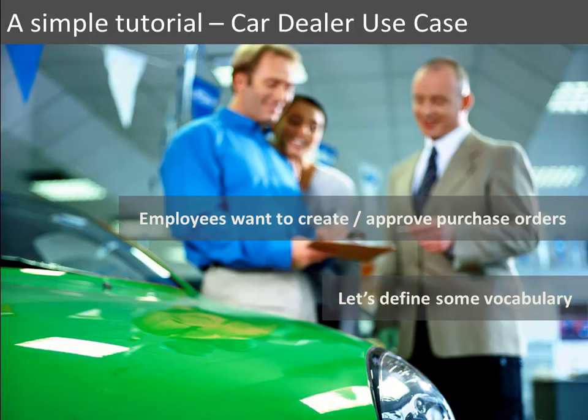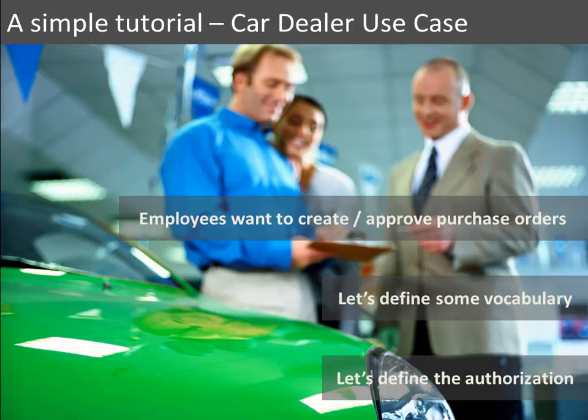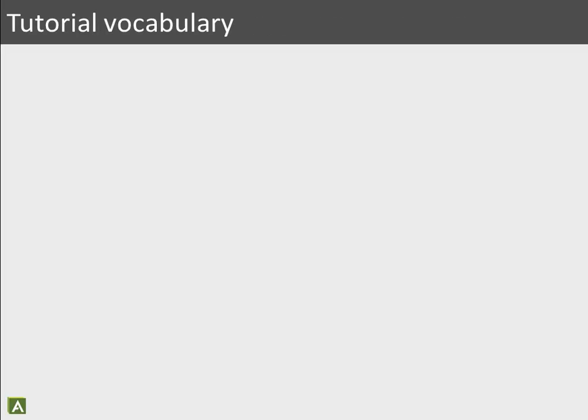What is a purchase order? What is a user? What is an employee? How are they represented? What are the attributes that these employees and purchase orders have that we want to use to express authorization? And of course, once we've defined the vocabulary, we can actually start writing the actual rules in plain old English. So let's have a look at some sample vocabulary we can use today.